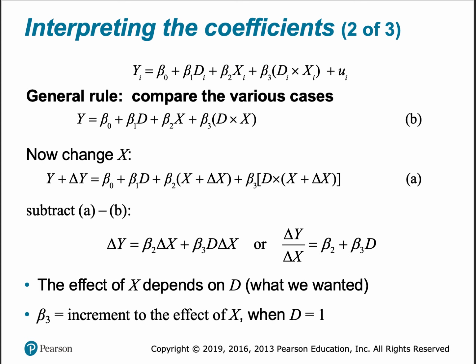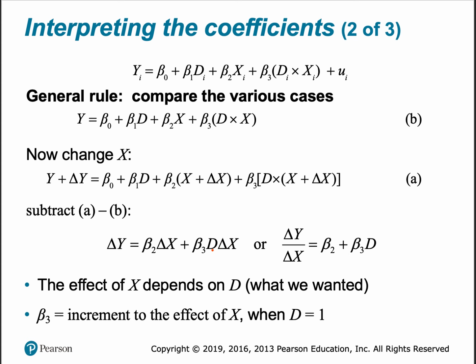Alright, so the general rule, as before, is we want to compare the d equals 0 versus the d equals 1 case. Here we see that the effect of x on y will depend on d. The change in y given a change in x is beta 2 times the change in x plus beta 3 times d times the change in x.